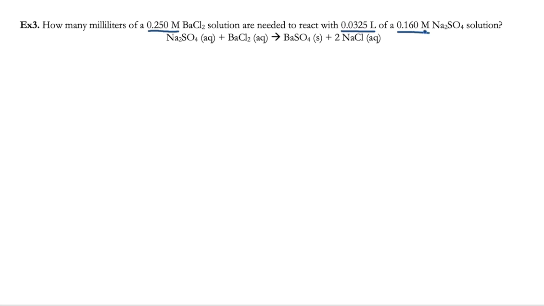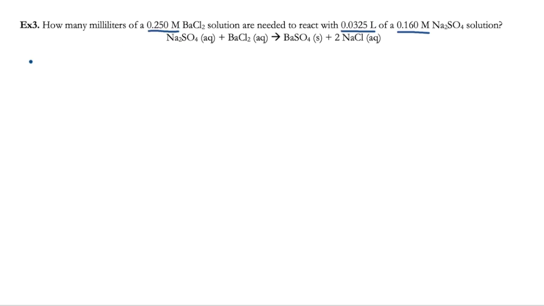So I know there's a lot of terminology here, but basically this is giving me all of the information I need to determine the number of moles of sodium sulfate I have. And then I need to use that in order to get into moles of barium chloride. Why do I need to do that? Because eventually I want to get into the volume or milliliters of barium chloride by using its concentration.